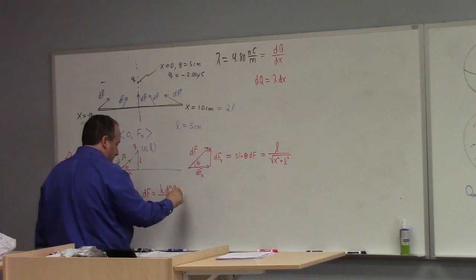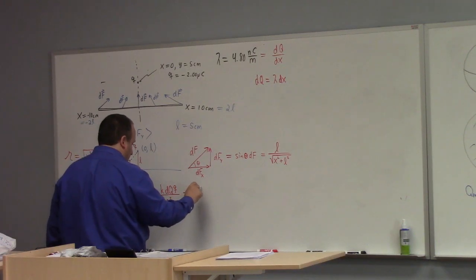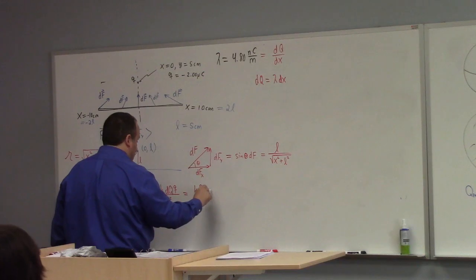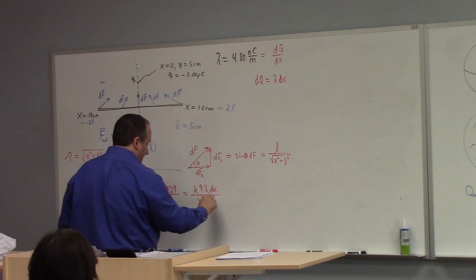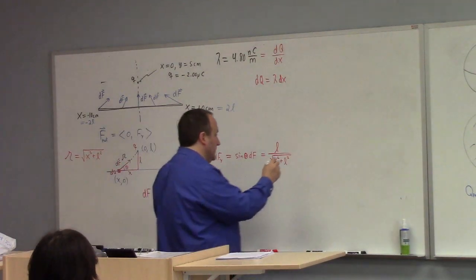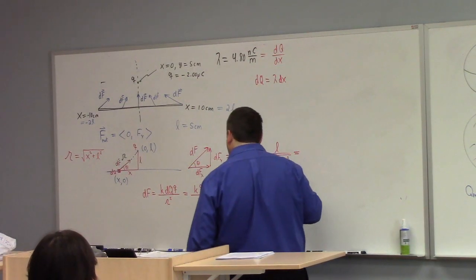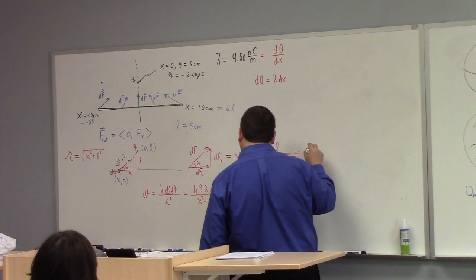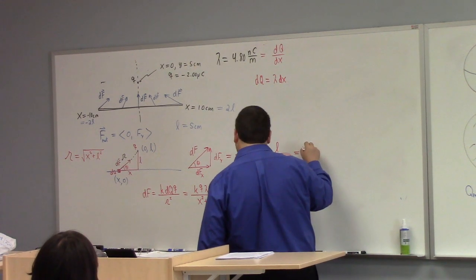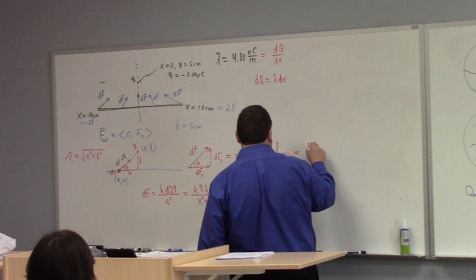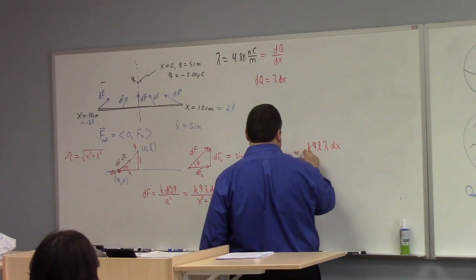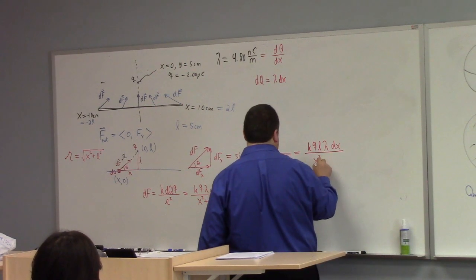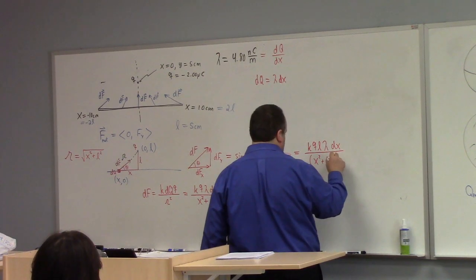So this is in fact k big Q lambda dx over little r squared, which we could write as x squared plus L squared, yeah? Put this all together, and we got ourselves a dFy of k q L lambda dx over x squared plus L squared to the power 3/2.